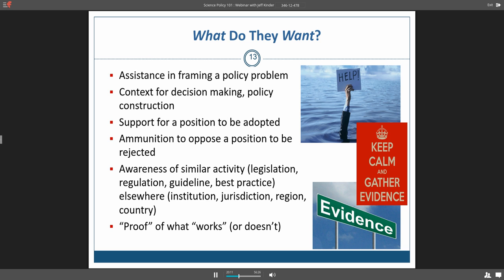And the flip side of that, obviously, would be to provide ammunition to oppose a position that they want to be rejected. Or they may be looking for best practices from elsewhere, or perhaps more simply just proof of what works or doesn't. So there are many reasons why our senior decision makers might espouse an interest in evidence and informing science through evidence, and we need to understand what exactly the rationale or the motive is.